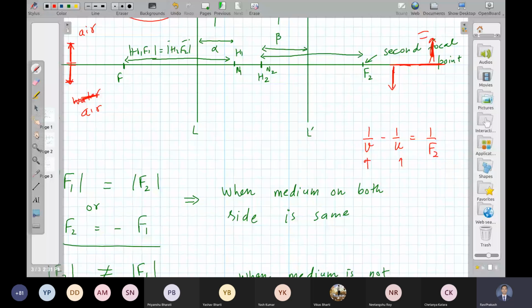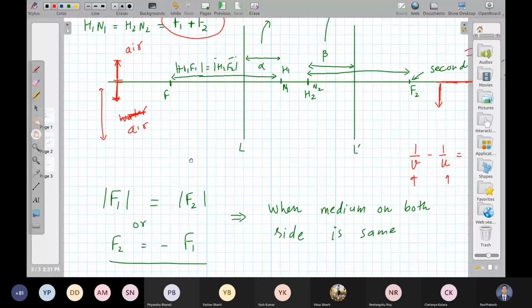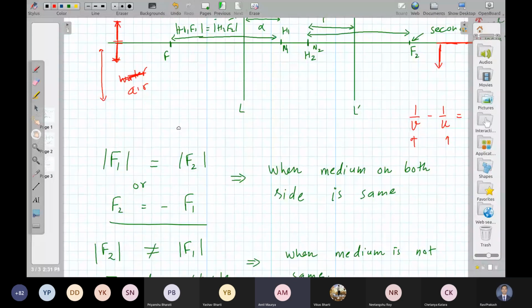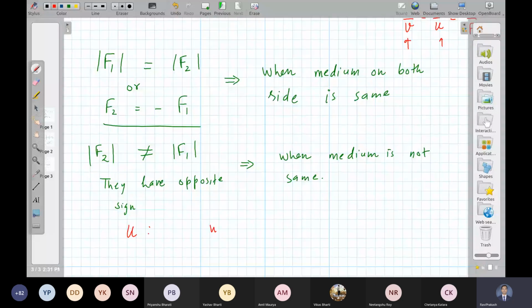How do you define U here? Distance from H1. Distance of the object with respect to H1. Yes. And sir, V is distance of the image with respect to H2. So U is measured with respect to H1. V is measured with respect to H2.